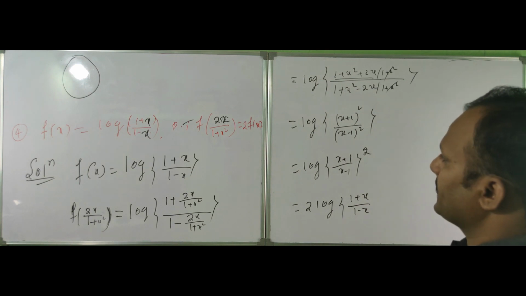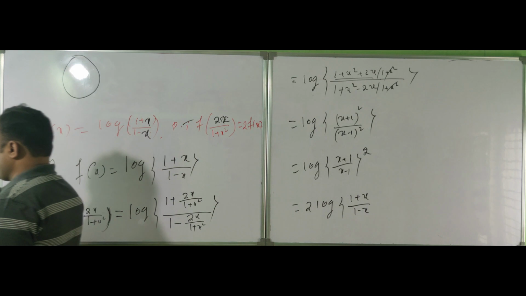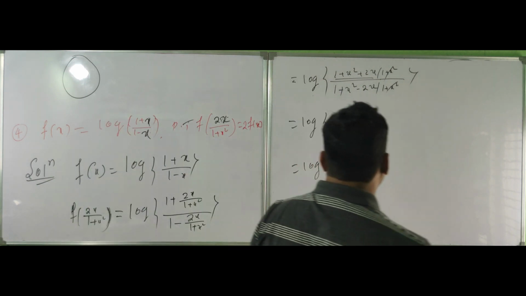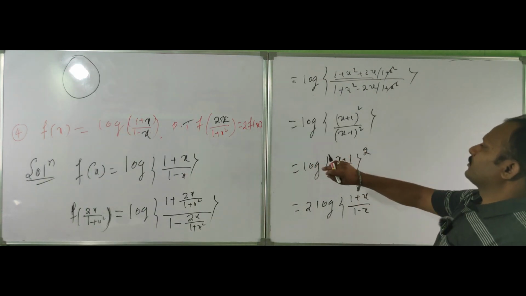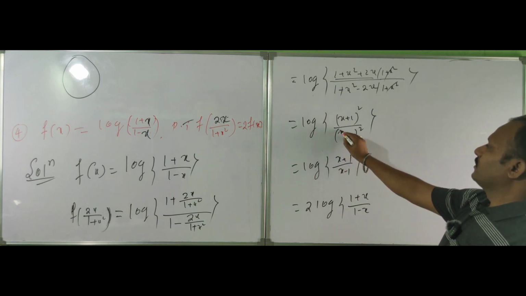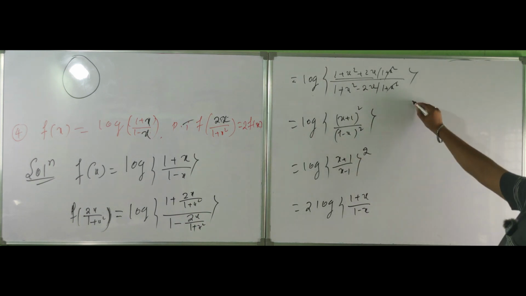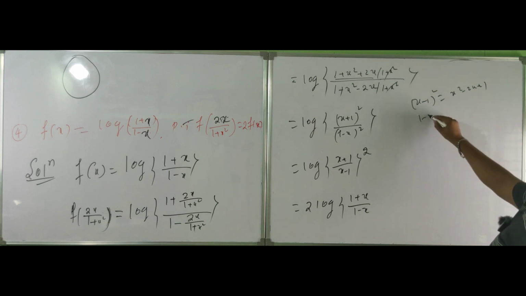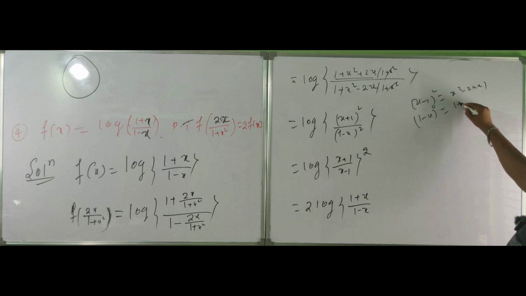Here this is a square number, so you can write 1 minus x whole square, because x minus 1 whole square is equal to x square minus 2x plus 1, and 1 minus x whole square is equal to 1 minus 2x plus x square.